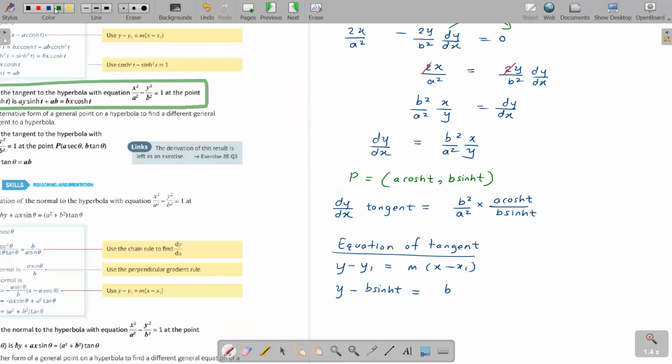Yeah, I can cancel off, so I end up remaining with ab over a because the a to a cancels and the b to b cancels. So I end up getting b cos t over a sin t, times x minus x1, where x1 is a cos t.